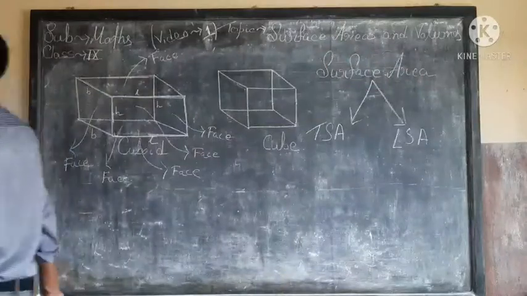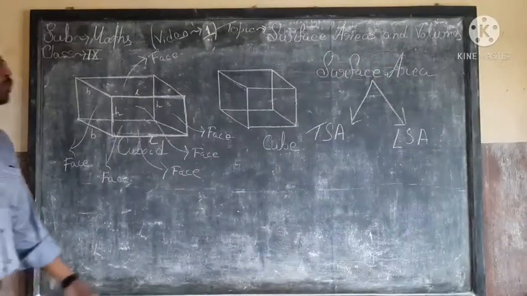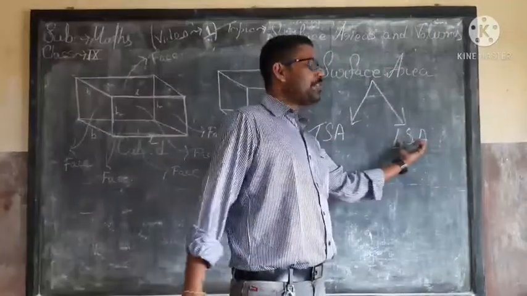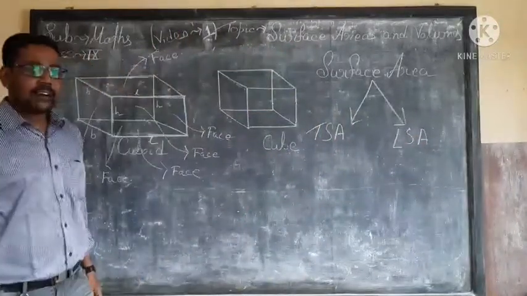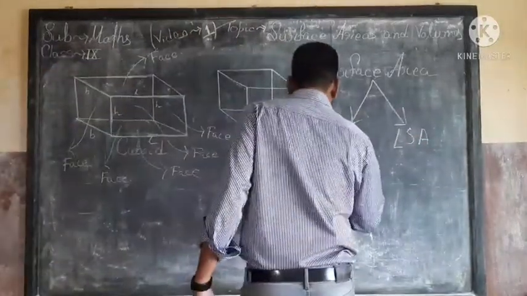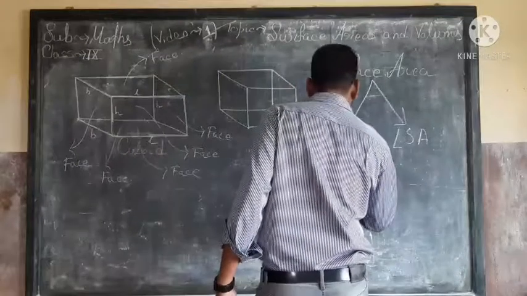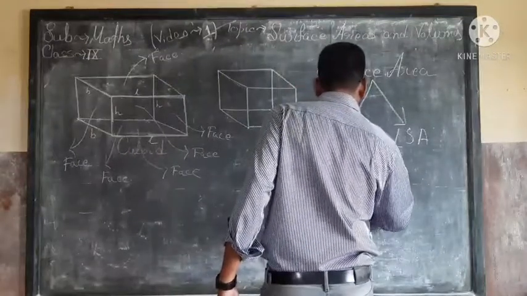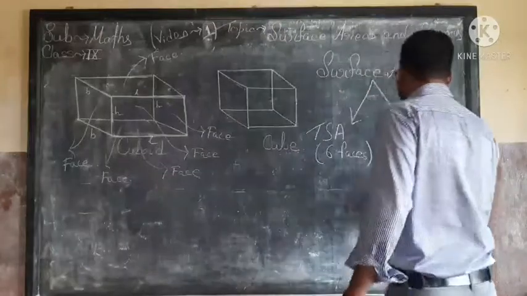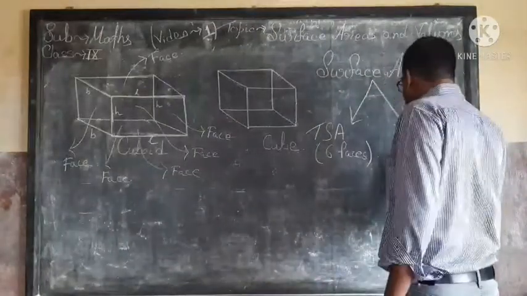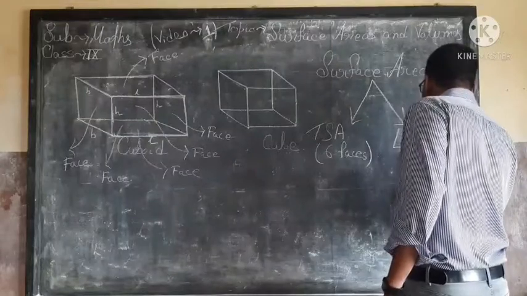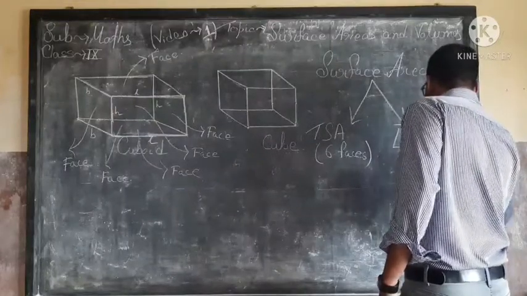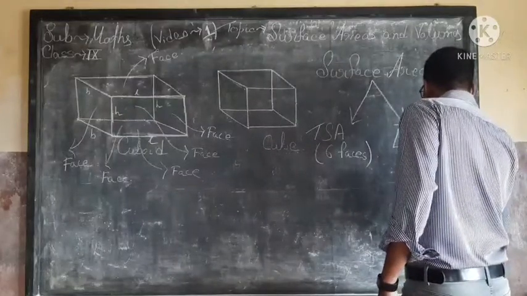What is the basic difference between them? The total surface area considers all 6 faces of the cuboid and the cube. But for the lateral surface area, we only consider the 4 faces.